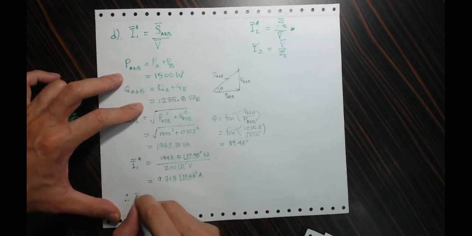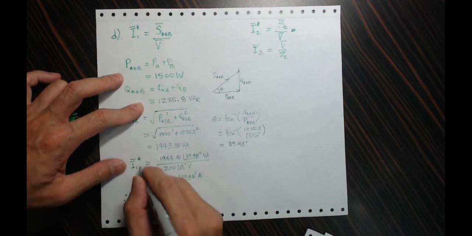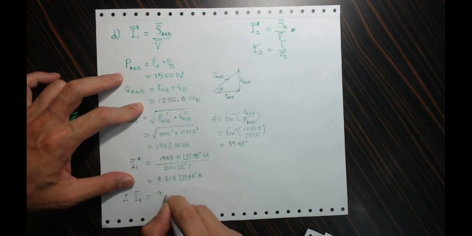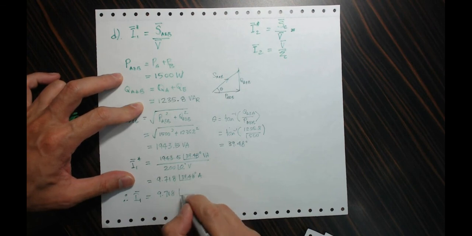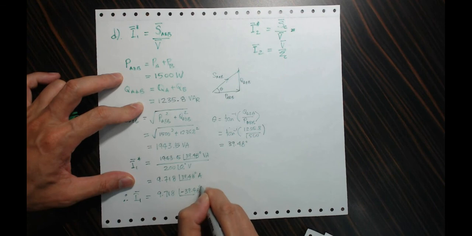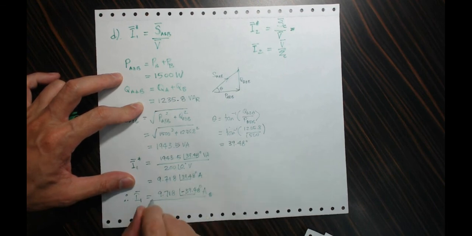Therefore, I1 is the conjugate of this, means 9.718, angle instead of positive is negative 39.48 ampere. Okay, so this is I1.